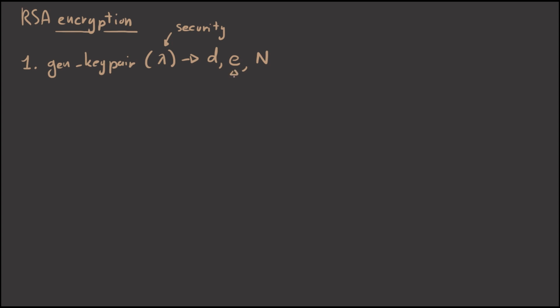E is also called the public exponent, and D is called the private exponent. The security parameter just tells us what n is going to be, and n is usually what we call the key size. This is kind of an abuse of language, and nowadays it's going to be something like 2048 bits.